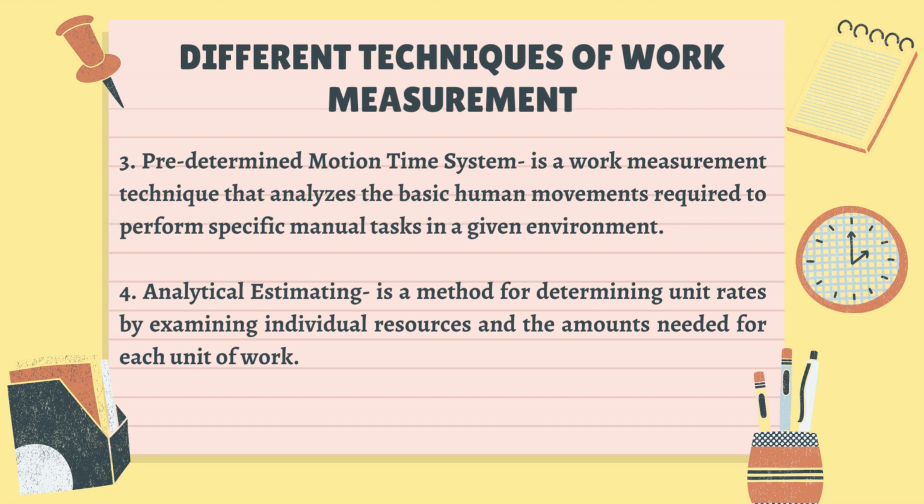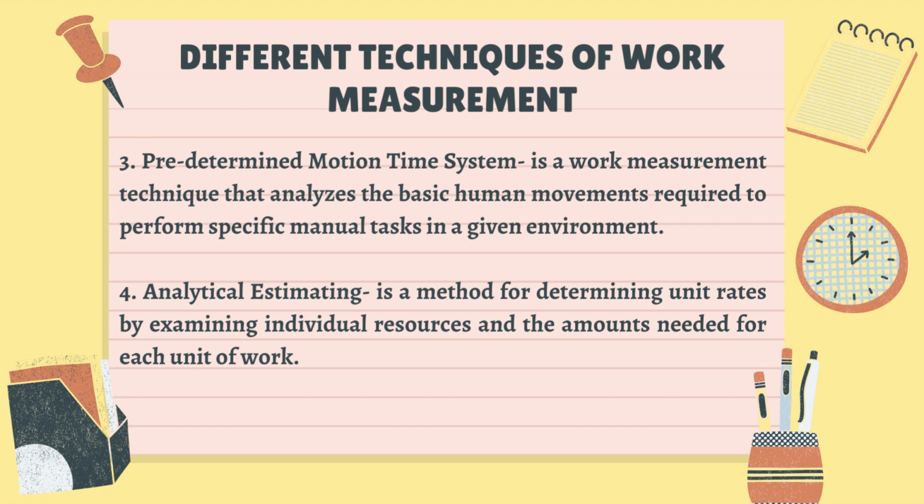And then analytical estimating is a method for determining unit rates by examining individual resources and the amounts needed for each unit of work. It depends on how many products a worker assembles. The assembled products are called unit rates.